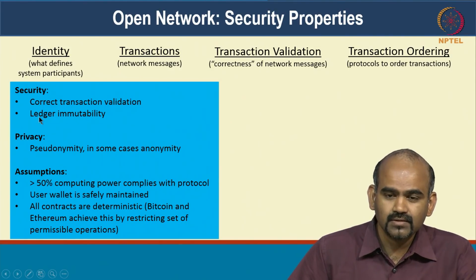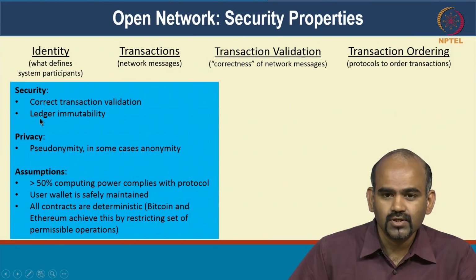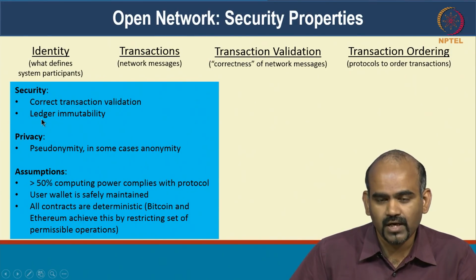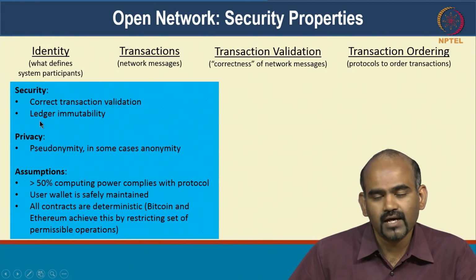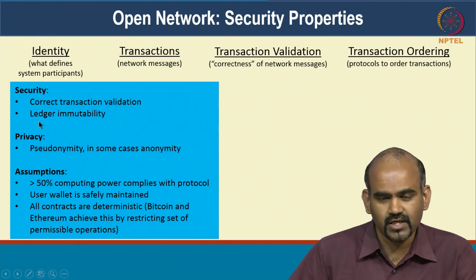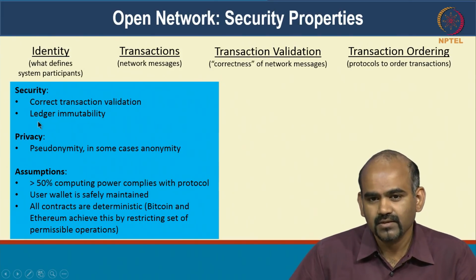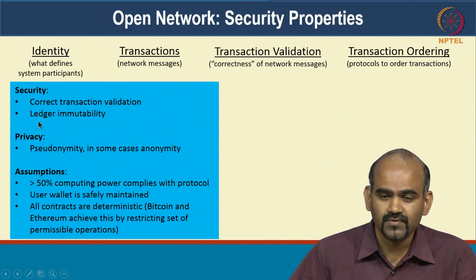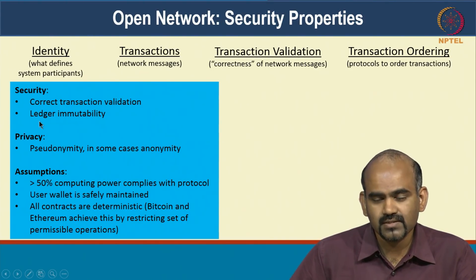And once it's committed onto the ledger, you want immutability. You want to ensure that no single participant is able to unilaterally modify the contents of the ledger. They can't manipulate other entities to also convince them to manipulate the ledger. So there are certain guarantees that are provided.